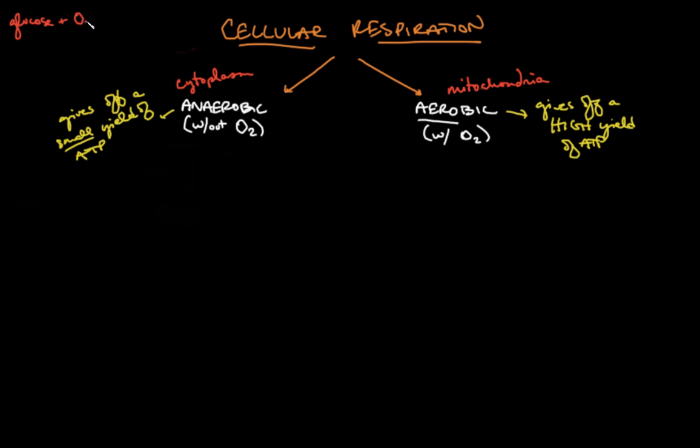Glucose plus oxygen gas give off CO2, water, and ATP, which is actually almost the exact opposite of the photosynthesis reaction, except that there was light energy over the arrow. Flip this arrow around, ATP gets turned into light energy.